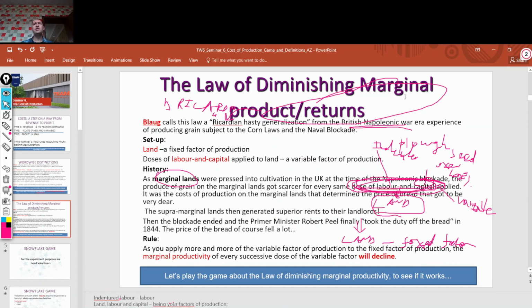So the law of diminishing marginal product, or diminishing marginal returns, much the same thing, is postulated as a universal law. It was believed to be a universal law because agriculture was essential during the Napoleonic Wars. It came to be encapsulated into the political economy of the day, and later on, even after Marshall, we still refer to such a law in production. It's accepted as an explanation for supply curves. The laws determine the shape of supply curves.